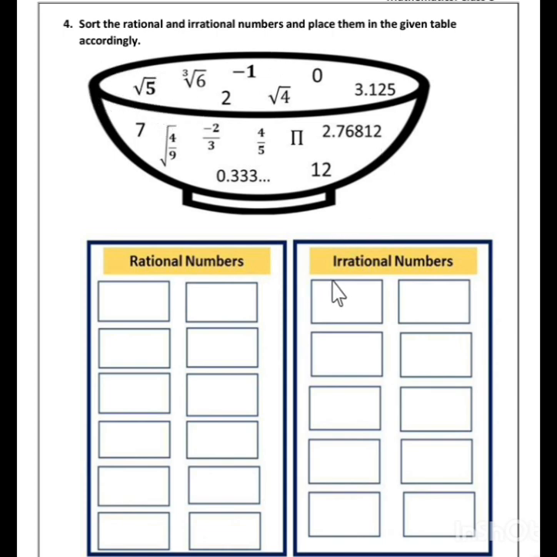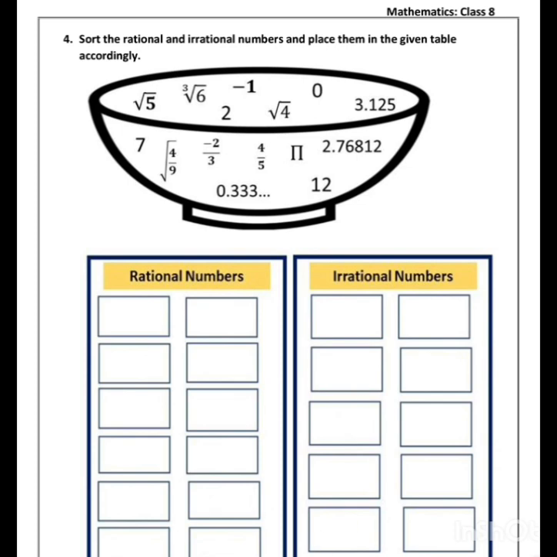So square root of 5 will come on this side. Next is cube root of 6. Cube root of 6 is also not a perfect cube, so it is also an irrational number.